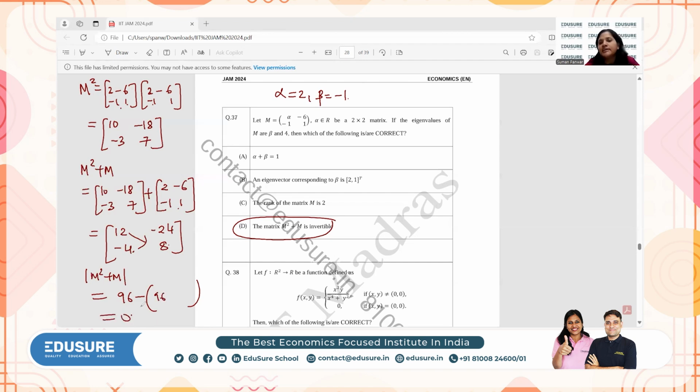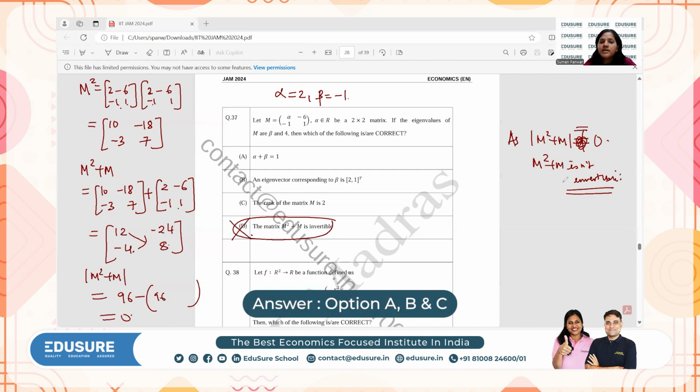So the determinant is equal to 0. So M square plus M is not invertible. An invertible matrix is one whose determinant is non-zero. If the determinant is 0, it is not going to be invertible. So option number D is incorrect. So the correct options are A, B, C.